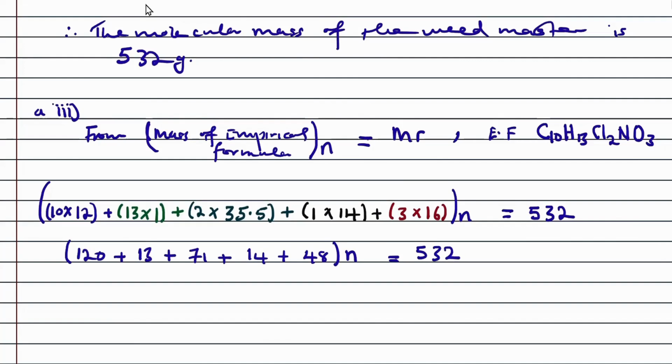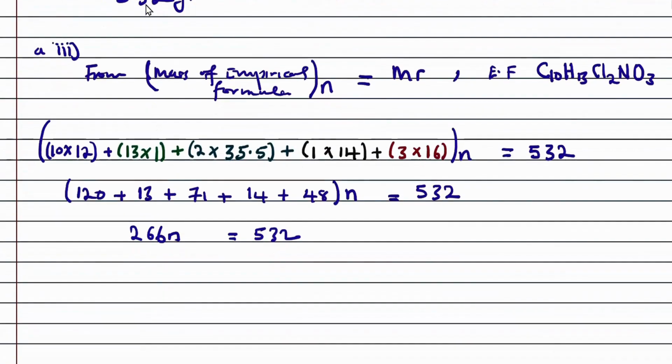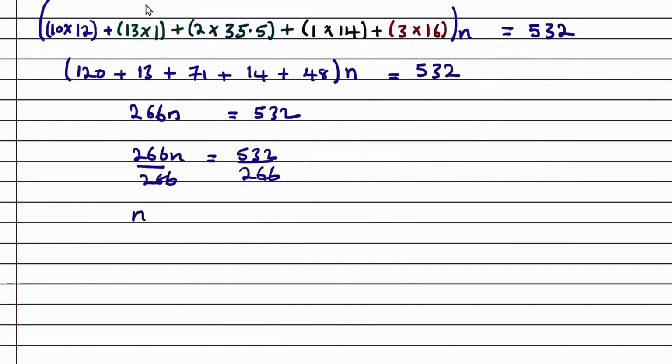If I press the calculator here, I'm getting the sum to be 266, so 266n equals 532. From here we need to look for the value of n simply by dividing through by 266. So our value of n is going to be equal to 532 divided by 266. So n is equal to 2.